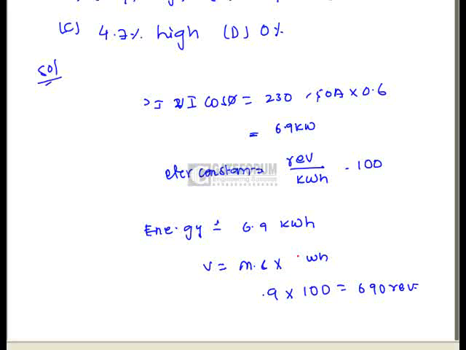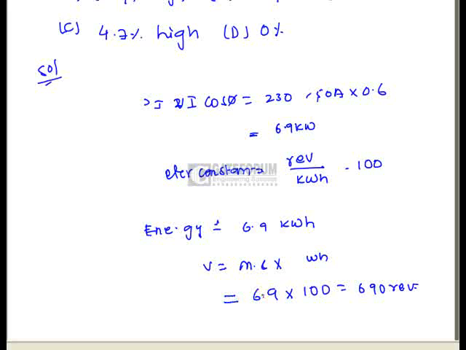But how many revolutions is the meter making? 650 revolutions only. So the meter is running slow. Actually it has to make 690 revolutions as per the schedule, but it is making 650 revolutions only. So the consumer will benefit here, but not the supply company, because he is consuming more power, but the recorded revolutions are only 650 while the actual is 690.